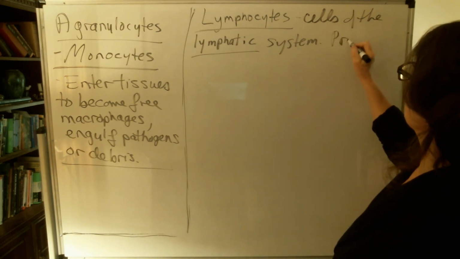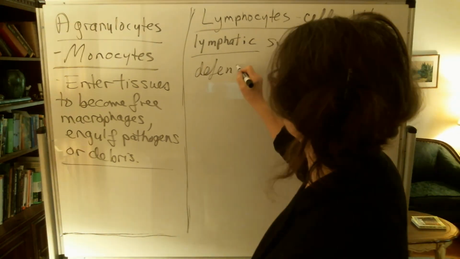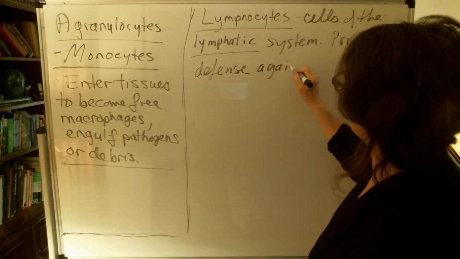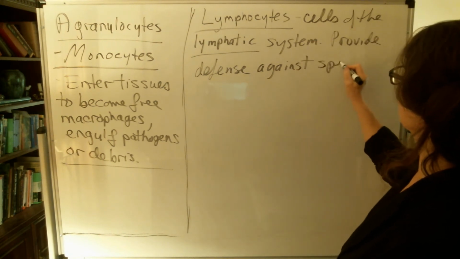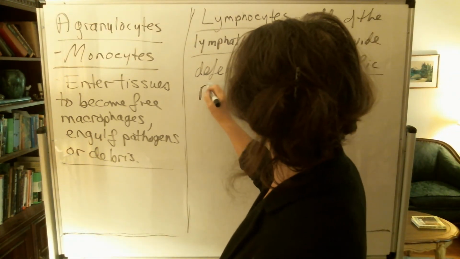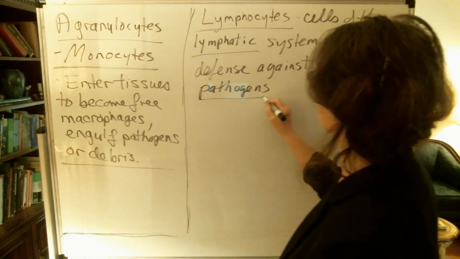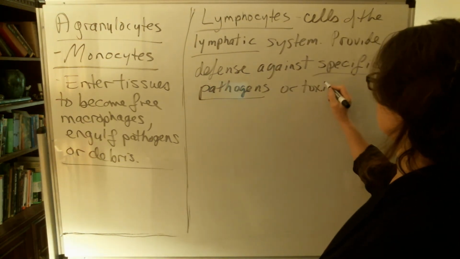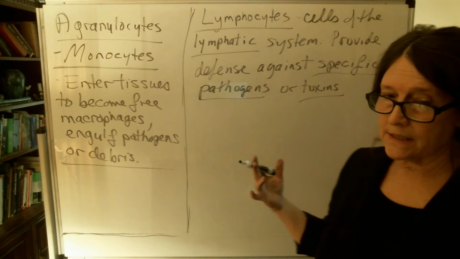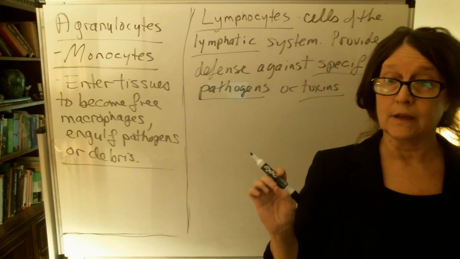And these are the ones that provide defense against specific pathogens or toxins. So your lymphocytes are the ones then that do your specific immune system.